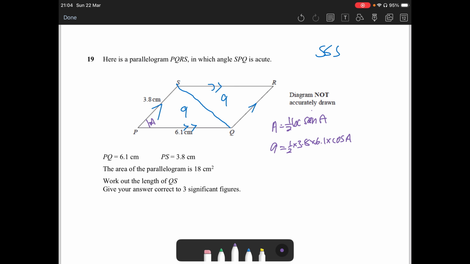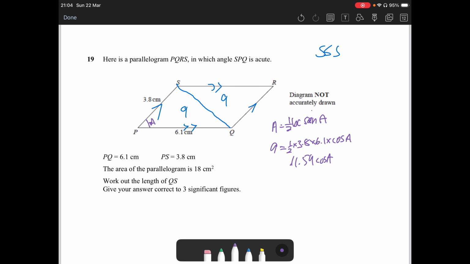What I'll end up doing is I'll times out your 0.5, your 3.8, and your 6.1. I'm getting 11.59. Just double checking my calculator screen. Yeah, 11.59 seems to be it.